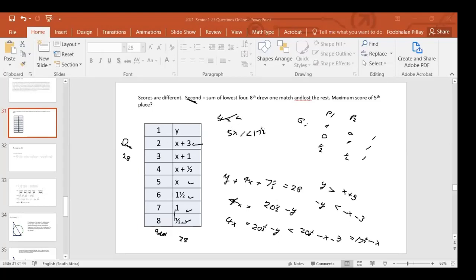The largest possible value for x is 3, because these numbers can only be a whole number or a whole number and a half, and the largest number less than 3.5 is 3. So that's the answer. The largest possible value for x is 3.